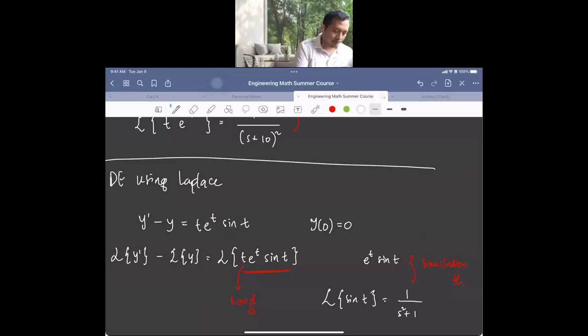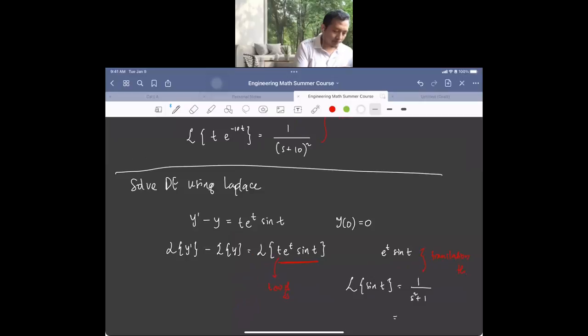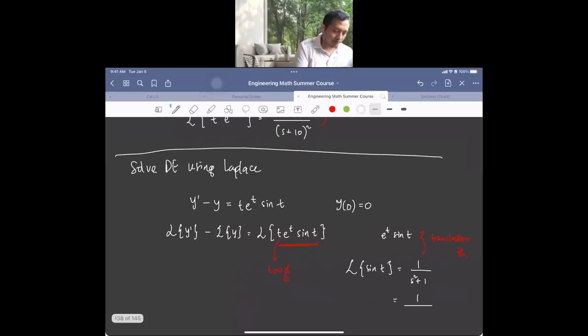That is our case. And this will be exchanged through e to the power of t, so 1 over s minus 1 squared plus 1. And so this is our Laplace of e^t sin t.